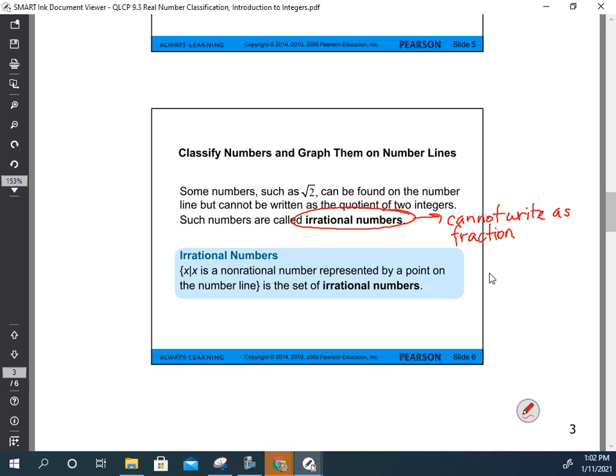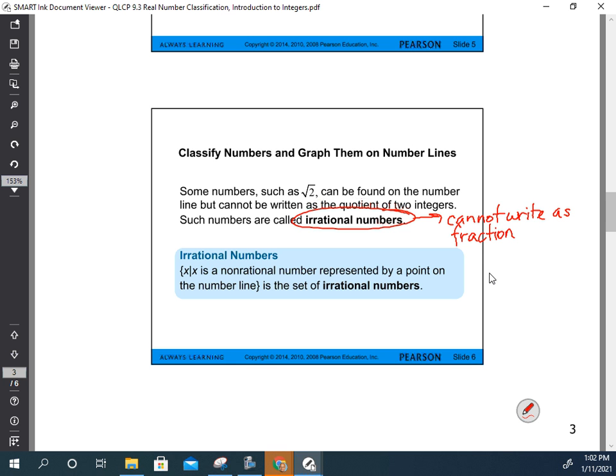So there's one particular number that I know all of you have learned at some point that is an irrational number that you use with a circle. Anybody know what that number is?